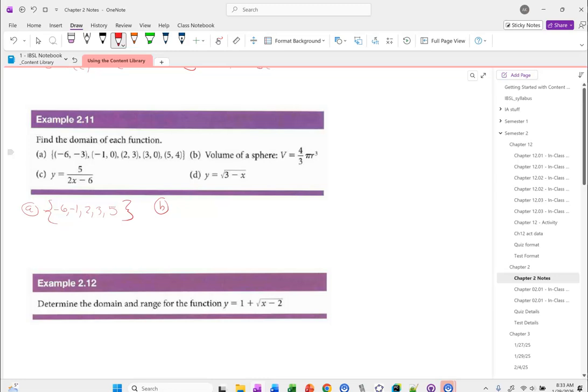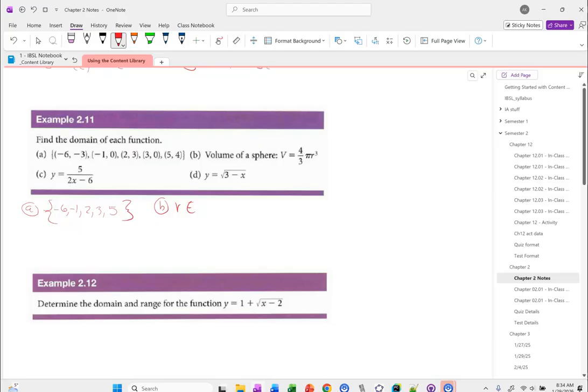What are the possible values for R in a sphere? Will this list be finite or infinite? Infinite. So we're going to use interval notation to describe this. So I'm going to say R is a member of the set, and then use interval notation. What is the smallest possible radius that a sphere can have?